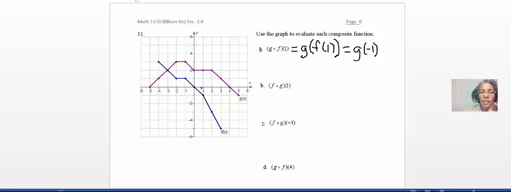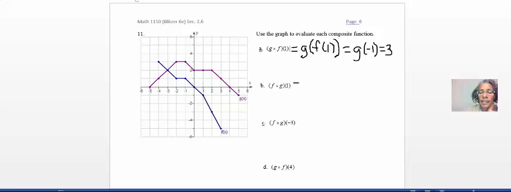And notice when x is negative 1, g is 3. That point where x is negative 1 has a y value of 3. So this is 3.